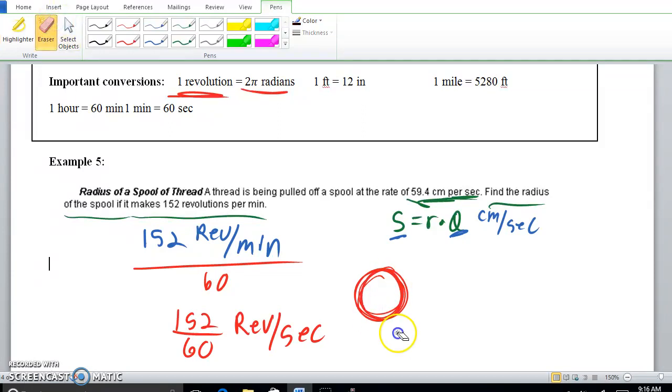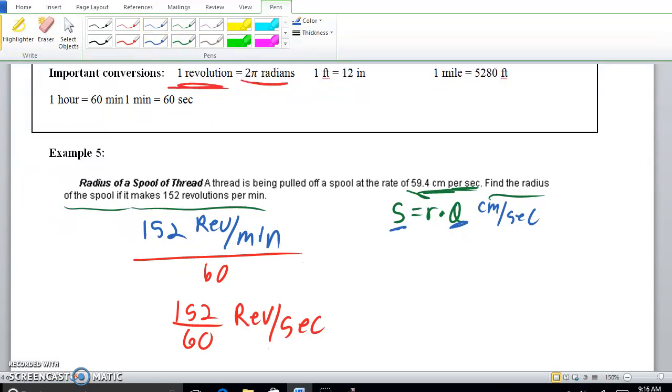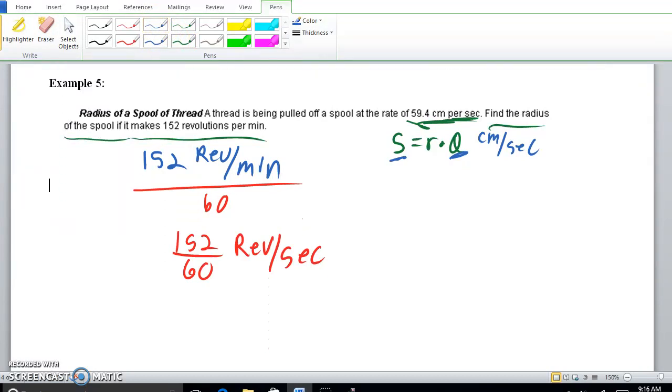All right, but that's not theta. So to get it in terms of theta, we're going to have to do another conversion. And in this conversion, we're going to multiply by 2 pi, because every revolution is equivalent to 2 pi radians. So we multiply this by 2 pi. Once again, I could simplify it, but I'm going to plug it in the calculator in just a second anyways.